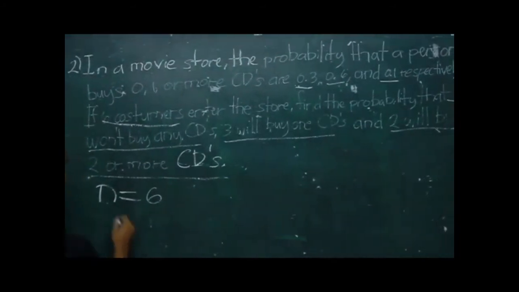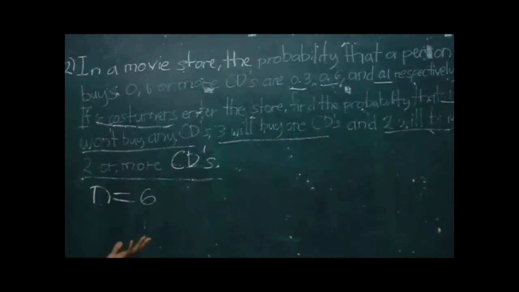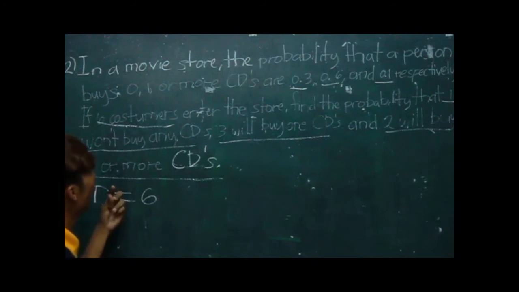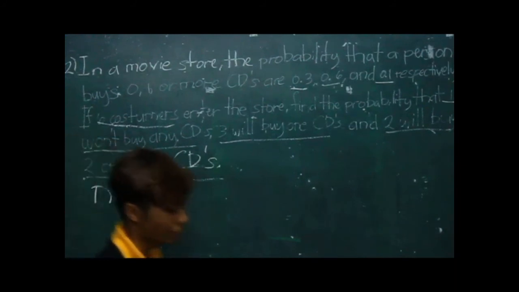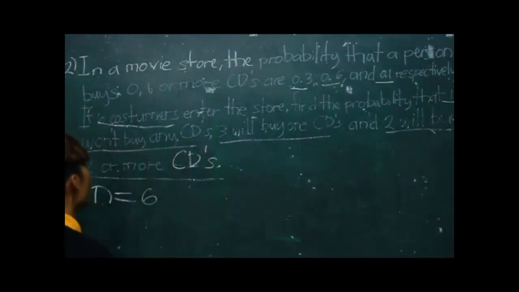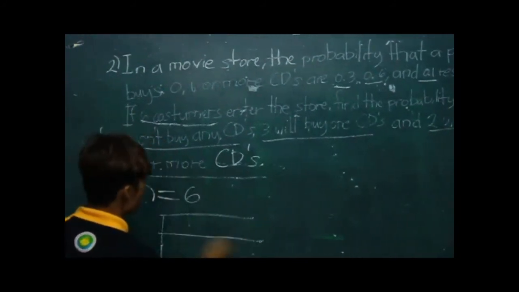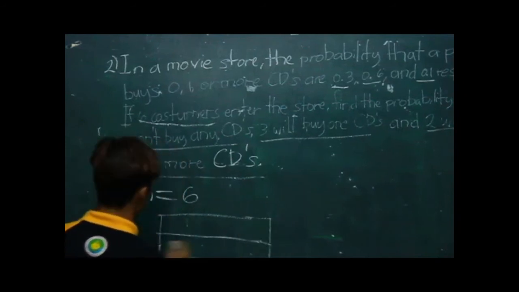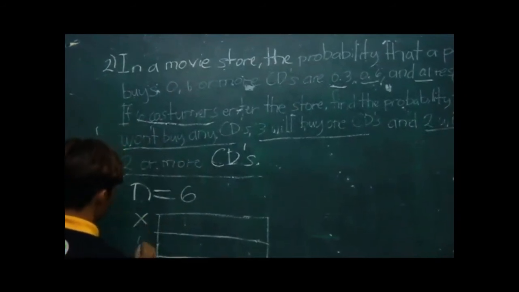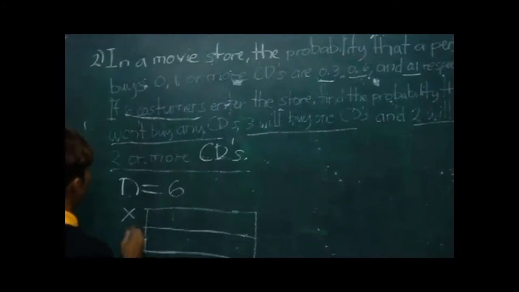As you can see, there are our probabilities and our x's. So let's use a table.